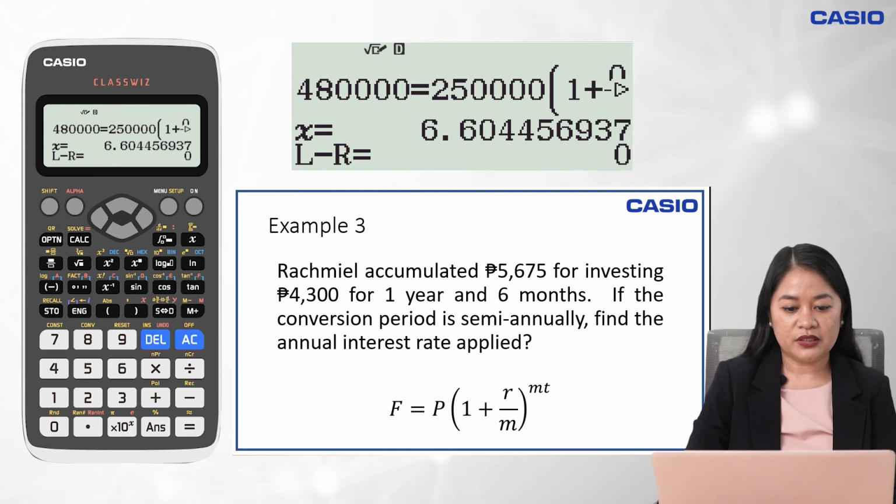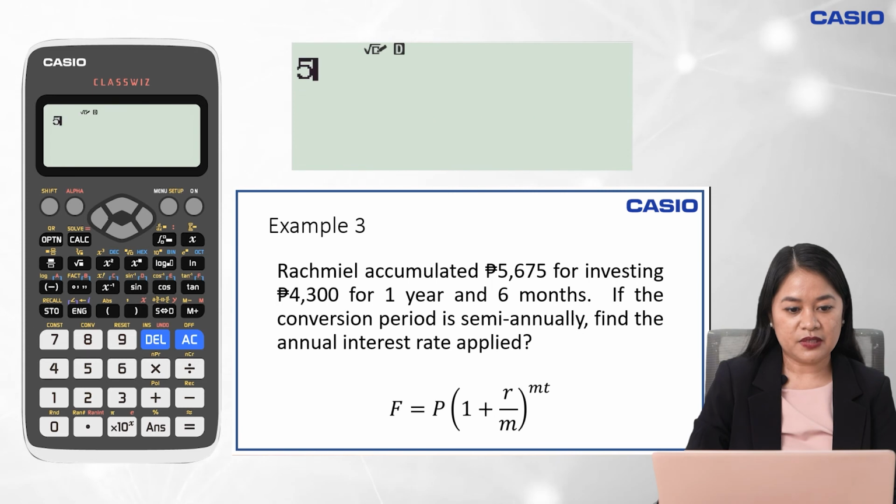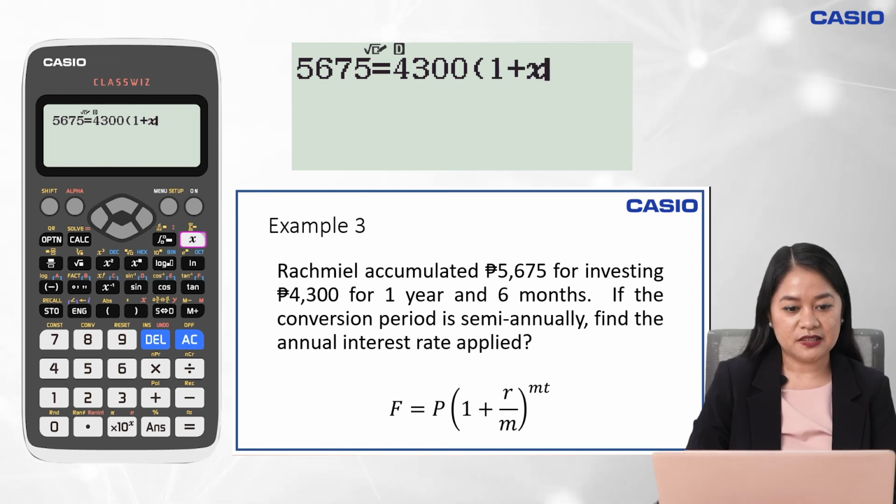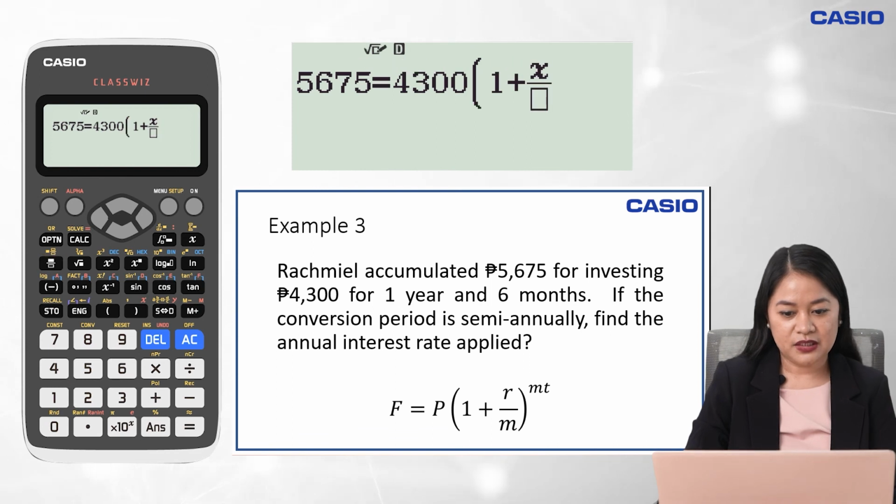So to compute for this, we input 5,675, press Alpha, Calc, 4,300, open parentheses, 1 plus, for the rate, we will represent that by X. Fraction key, for the conversion period, since this is semi-annual, so the value is 2.